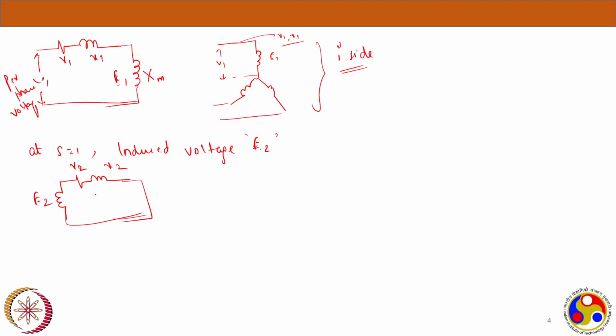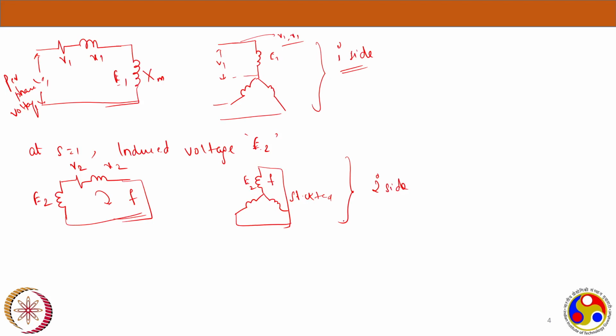There is nothing there, and current will flow, and the frequency will be F here. In the three-phase circuit, here it is E2, and frequency will be F. This particular thing is short circuit. This will be at the secondary side.